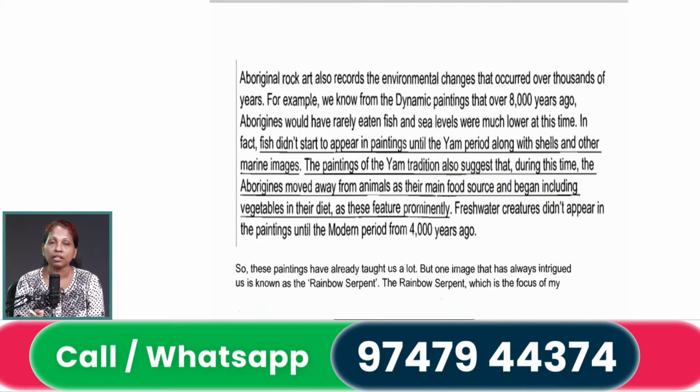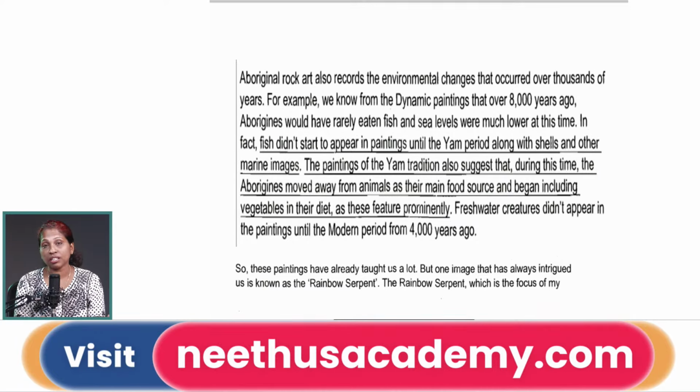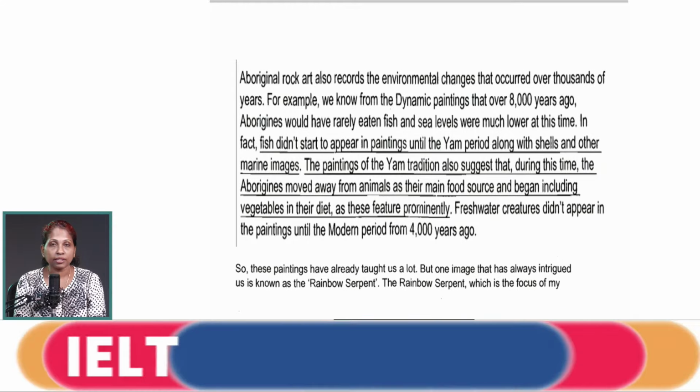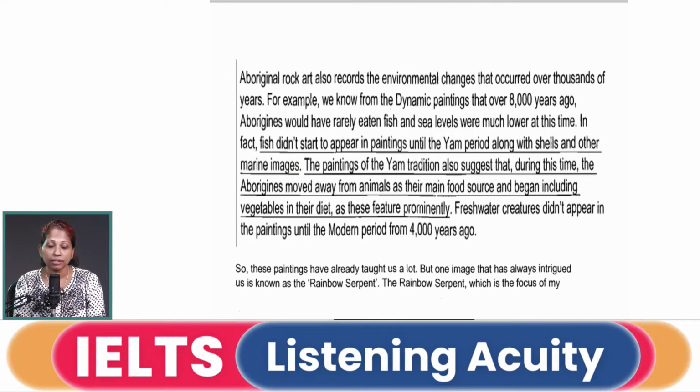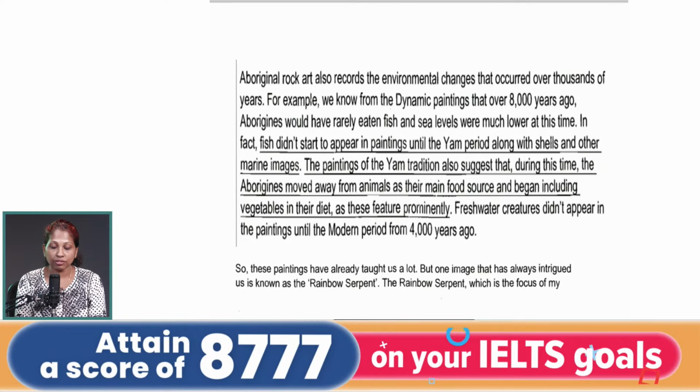They will not be able to paint it. So 8,000 years back when dynamic paintings were done, they rarely ate fish, so they didn't know what a fish is, and sea levels were much lower at that time. In fact, fish didn't start to appear in paintings until the Yam period, along with shells and other marine images. So that is what they are trying to say.